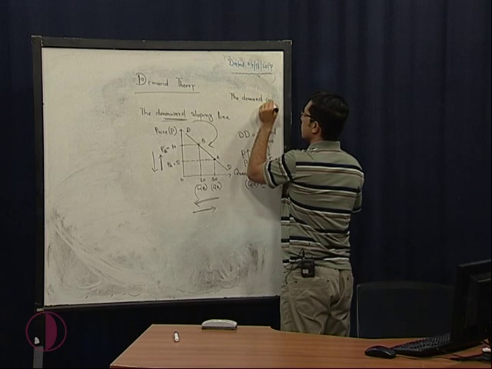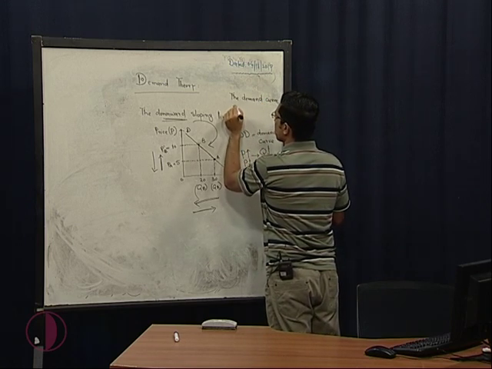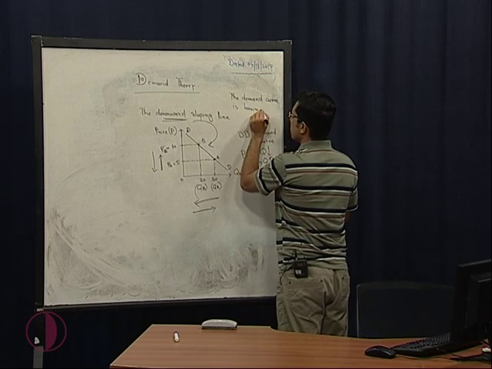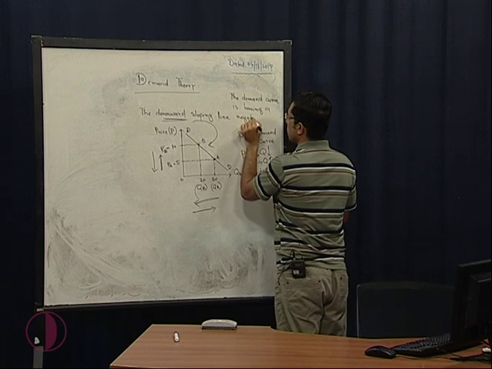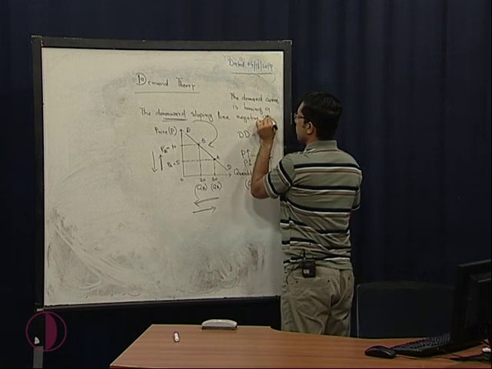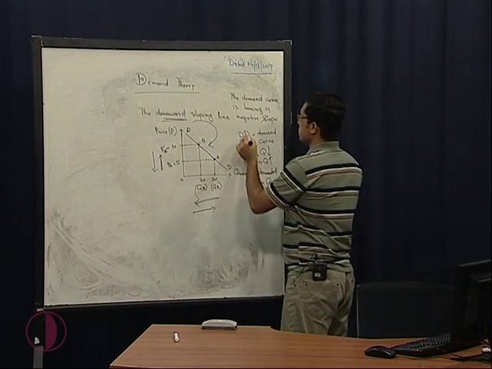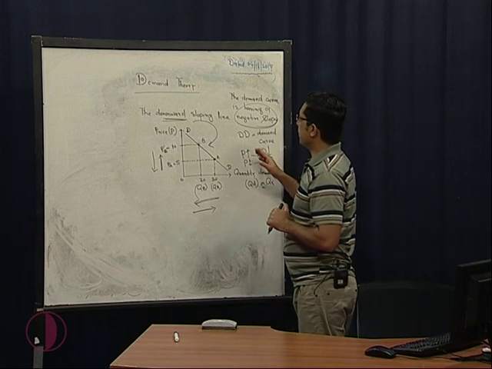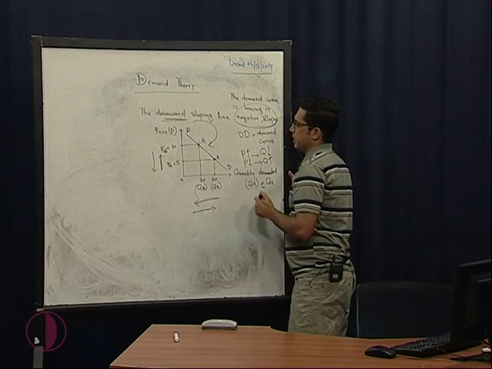The demand curve is having a negative slope. If the slope is negative, it means the coefficient value of the ratio will be negative.